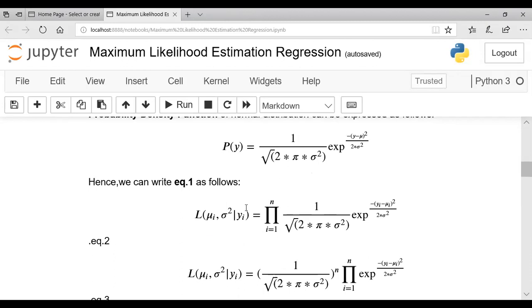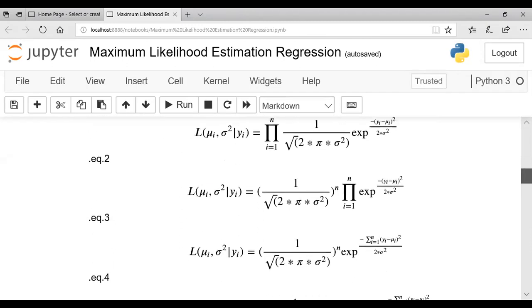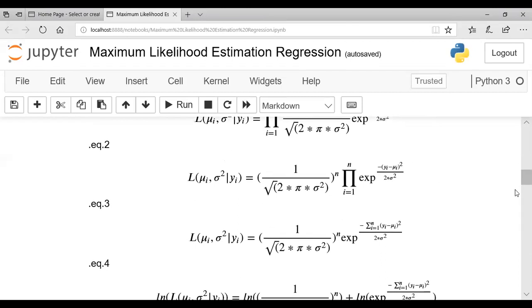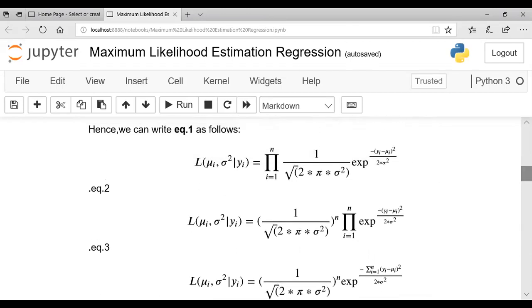So this is nothing but the likelihood. If you take out the constant term, it is 1 upon 2 pi sigma square to the power n, and the product of all these terms.